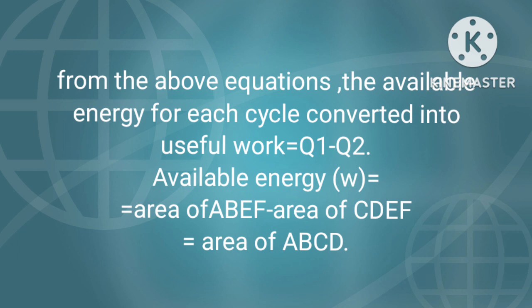From the above equations, the available energy for each cycle converted into useful work equals Q1 minus Q2. Available energy W equals the area of ABEF minus the area of CDEF, which equals the area of ABCD.